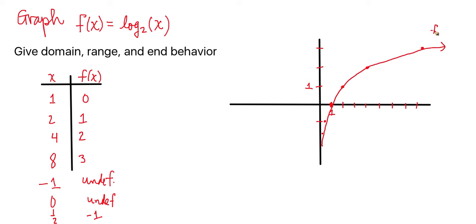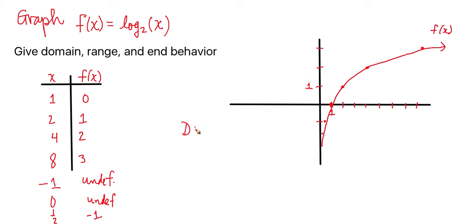This is the graph of f of x equals log base 2 of x. And this generally does make sense because we cannot take the log of 0. We cannot take the log of a negative number. We've tried some table of values and it starts to level off, and it's increasing, but it starts increasing a little bit slower. And so now we're ready to answer these questions.